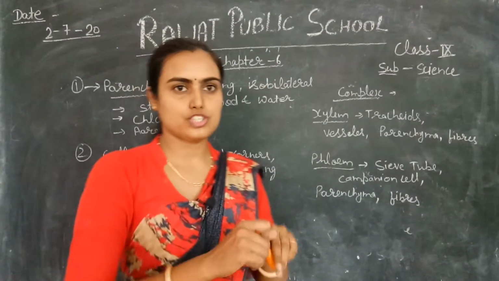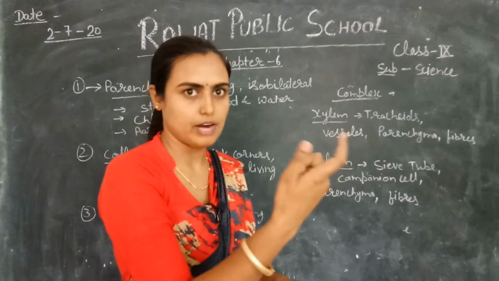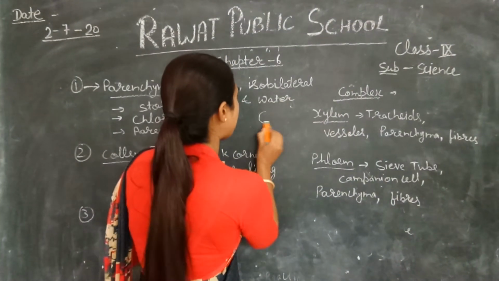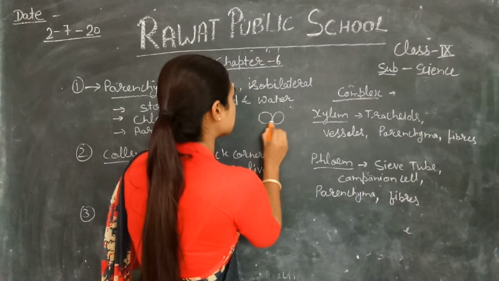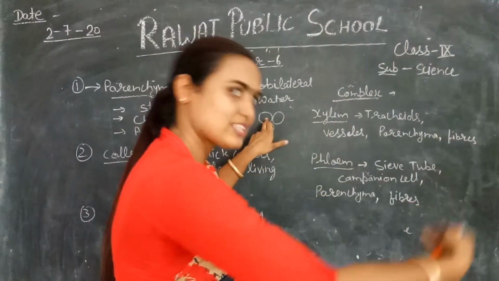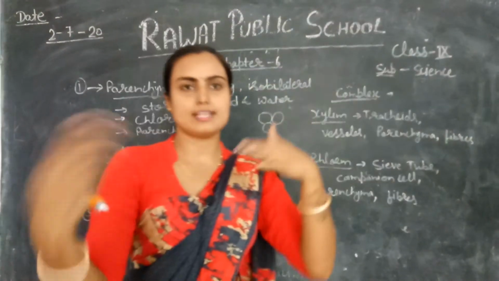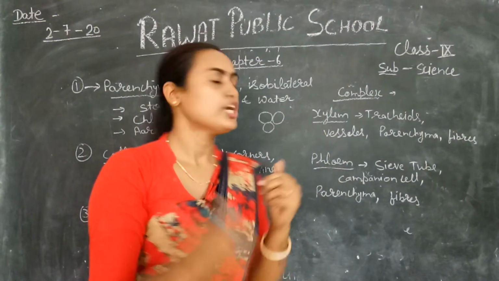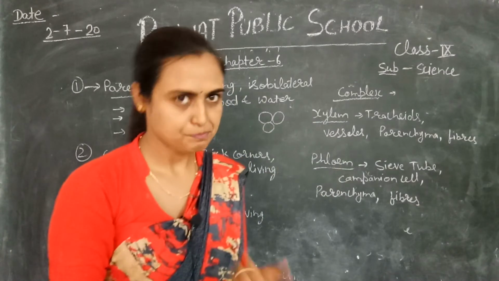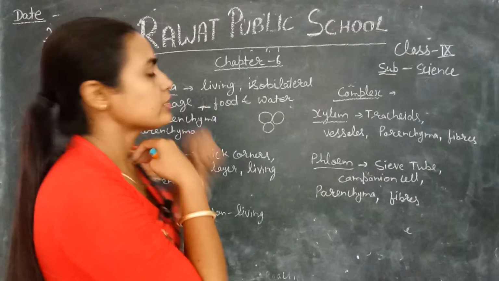Iso means you can see the same structure from both sides, and bi means two lateral sides. You can see this kind of shape in the case of permanent tissue, right? Okay, so these are living.